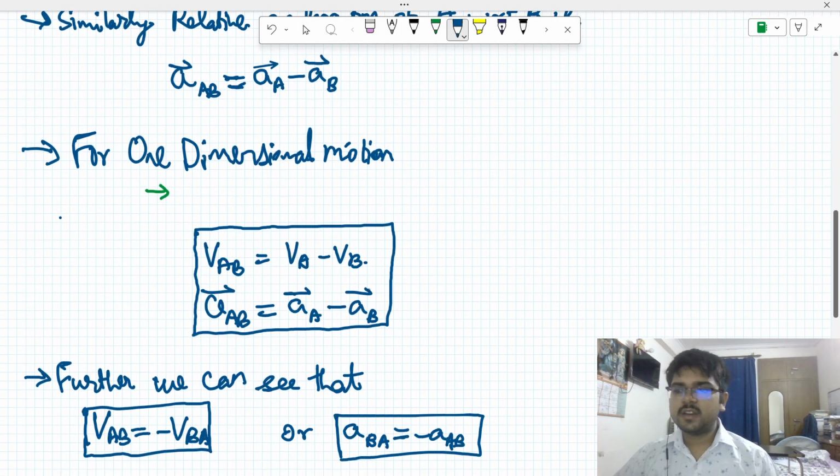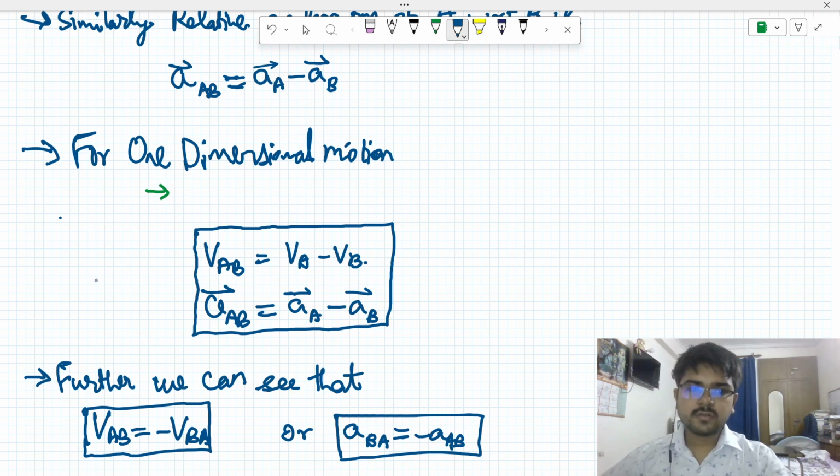For one-dimensional motion, we can treat the vectors as scalars just by assigning the positive sign to one direction and negative to the other. So in case of one-dimensional motion, the above equations can be written as VAB equals VA minus VB, and AAB equals AA minus AB.